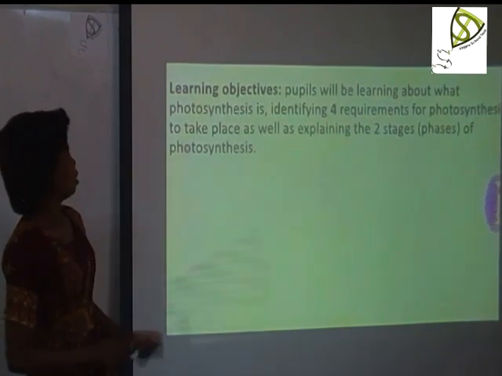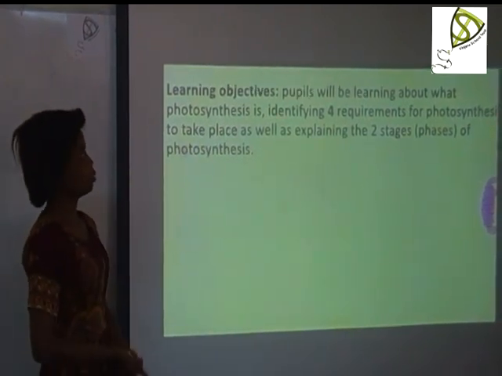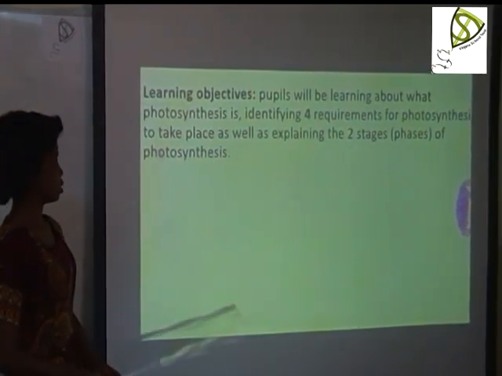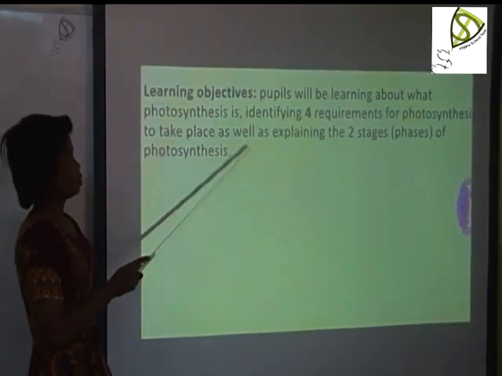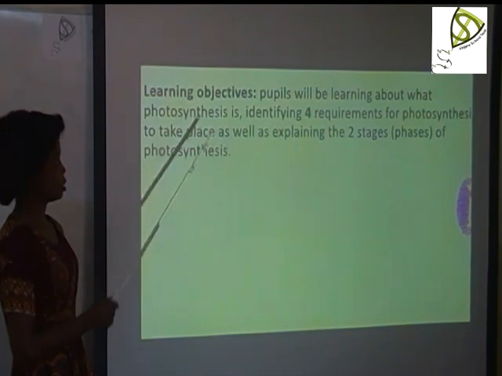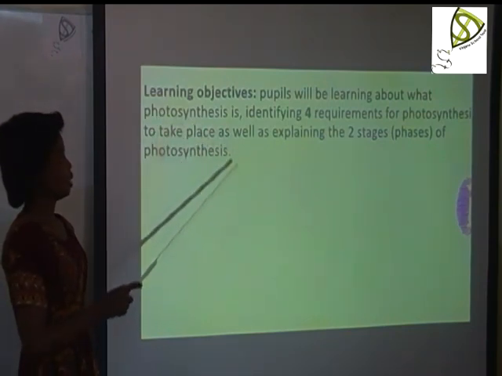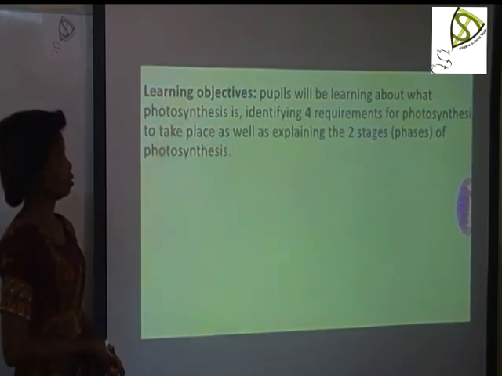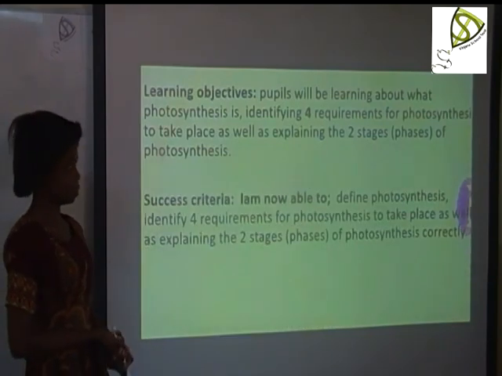Okay. So our today's learning objectives read, pupils will be learning about what photosynthesis is, identifying 4 requirements for photosynthesis to take place, as well as explaining the 2 phases of photosynthesis.